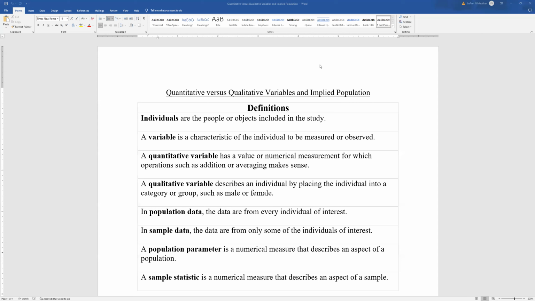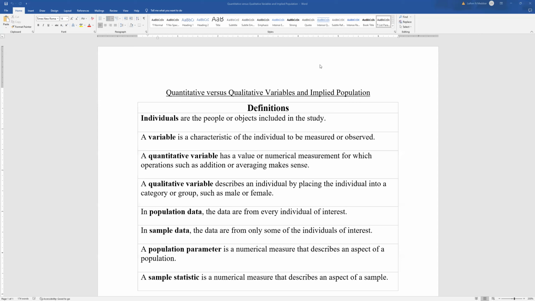In population data, the data are from every individual of interest. In sample data, the data are only from some of the individuals of interest. When we talk about averaging for the entire population, that's a population parameter.